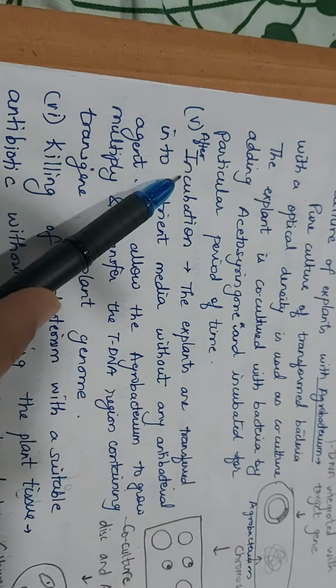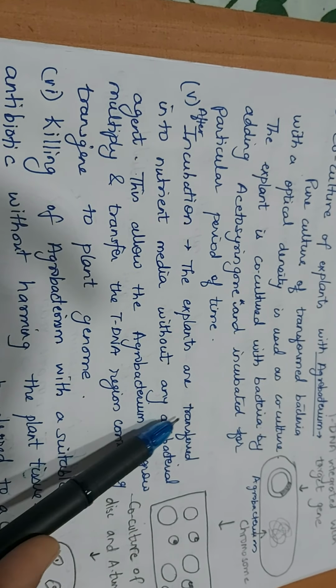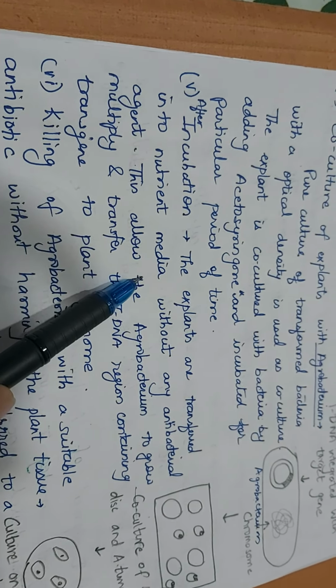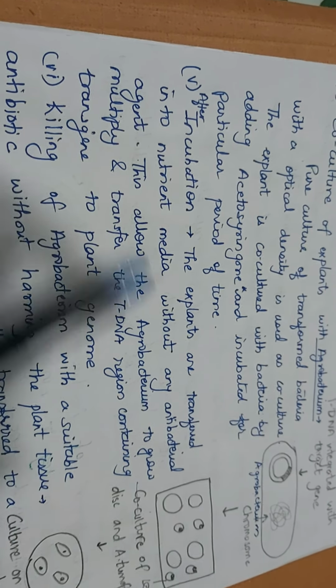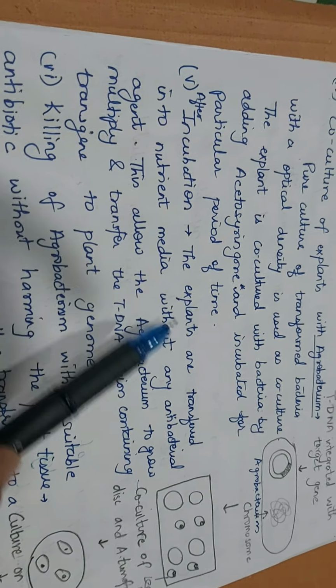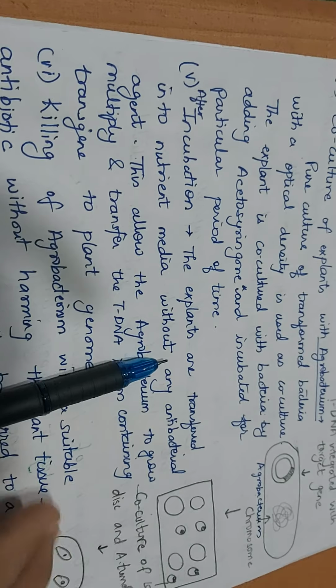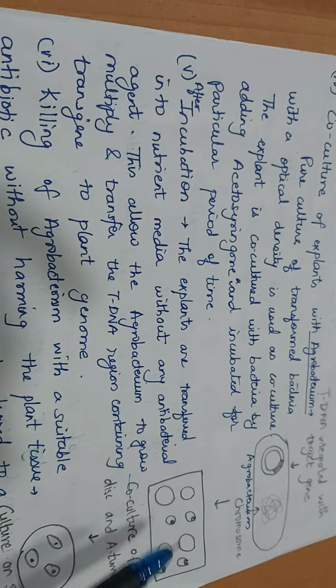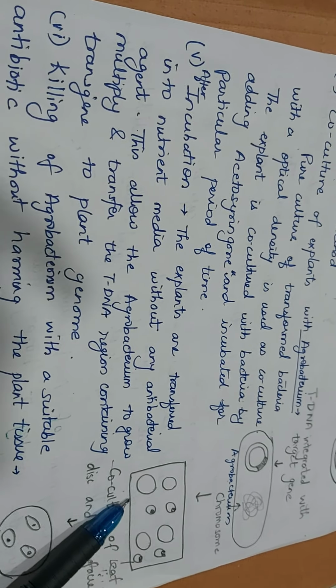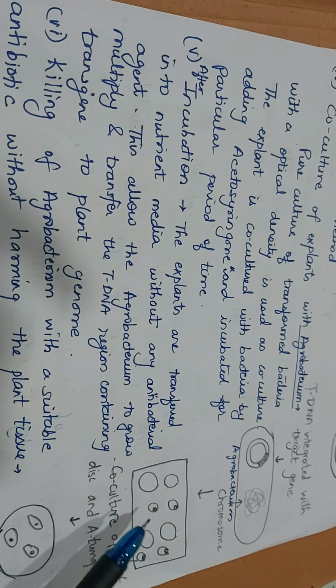After incubation, the explants are transferred into nutrient media without any antibacterial agent. In this step you don't add any antibacterial agent; you just allow the explant and the bacteria to grow.